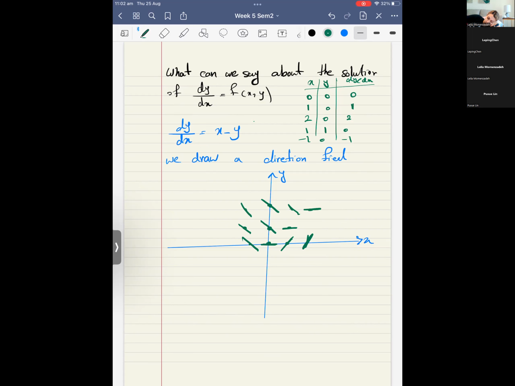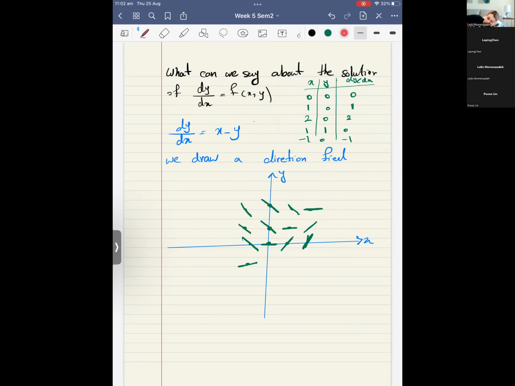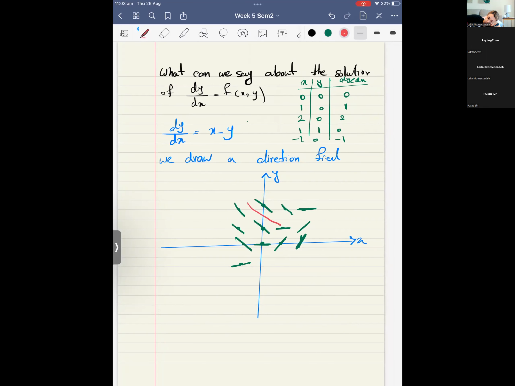And at 2 and 2, the slope again is 0. This is one typical shape of the direction field, and I can show the graph like this.